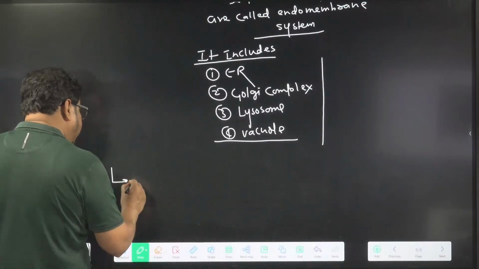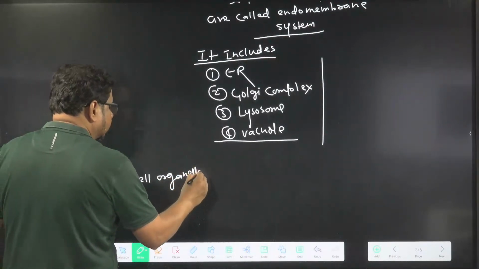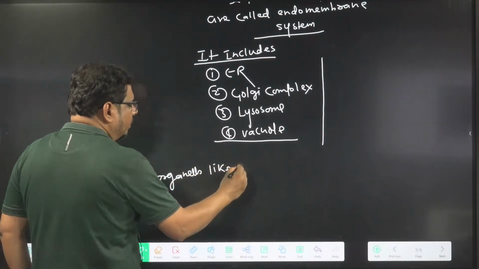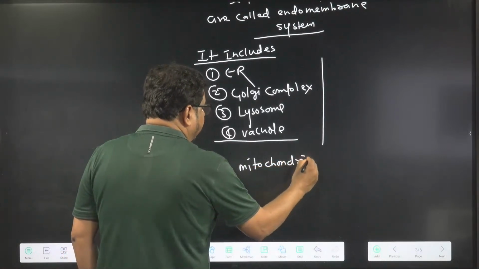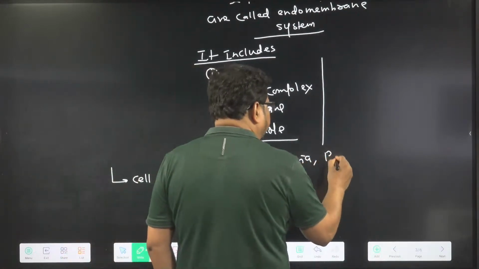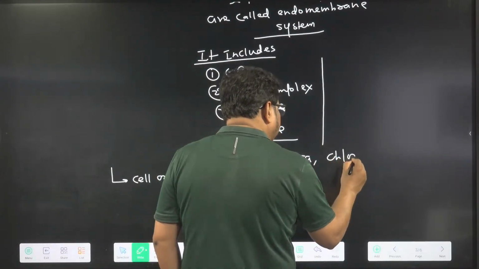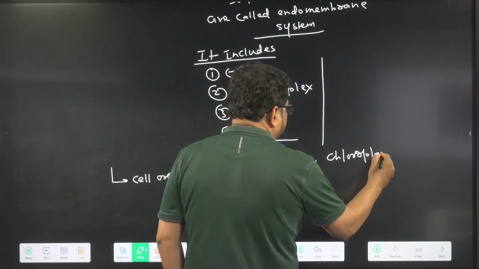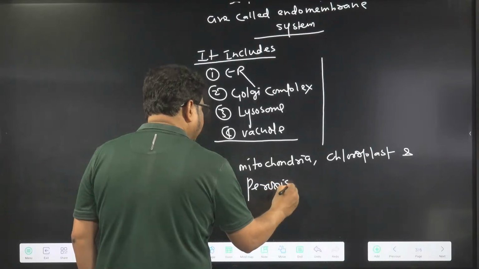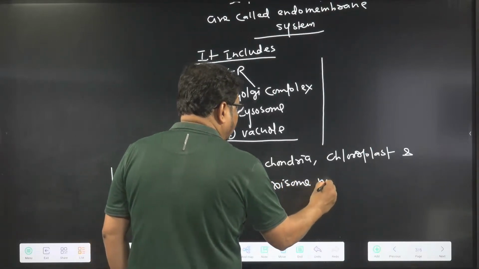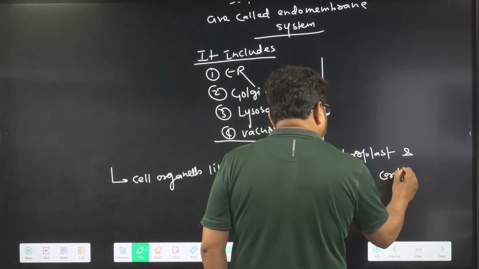Cell organelles like mitochondria, plastid or chloroplast, and peroxisome do not have coordinated function.